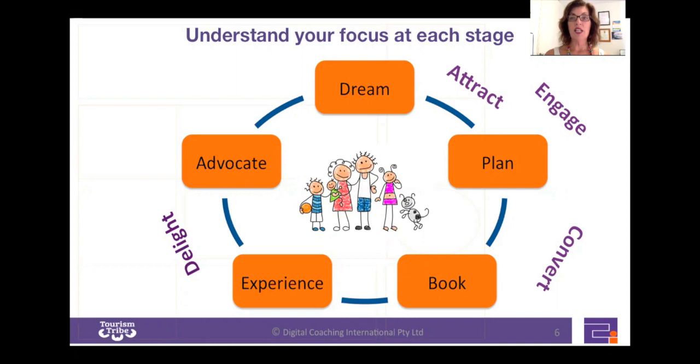So the 5 stages of travel and how people make their selections, how they are, first of all, inspired in the dream phase, how they move to the research phase for planning, how they book their holidays, if they actually take that holiday and destination, and then become an advocate for your business. Now, whether you are selling fridges, couches, or holidays, this is the kind of behavioural steps that people take when they're going through that buying process.